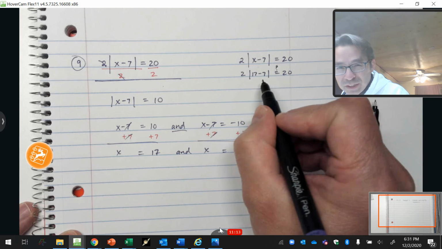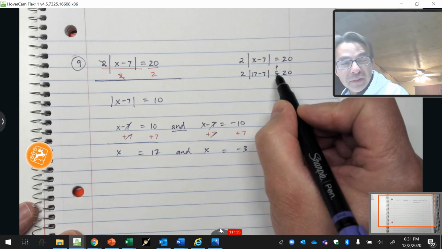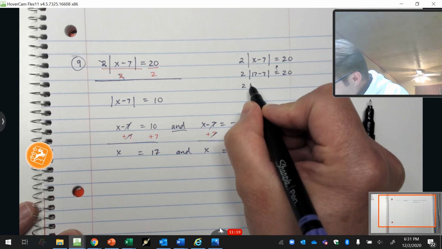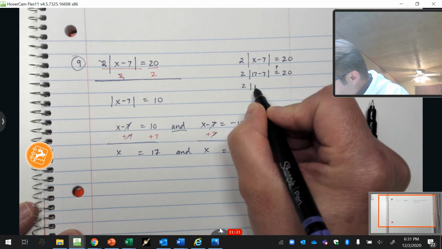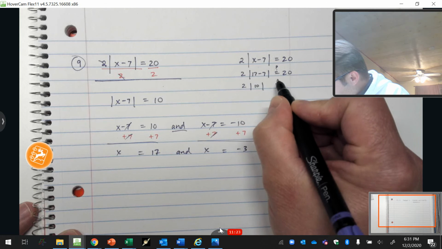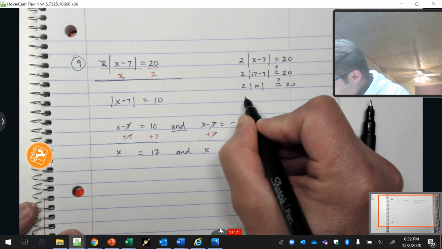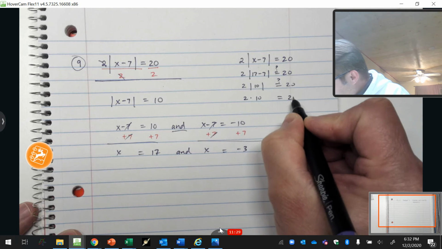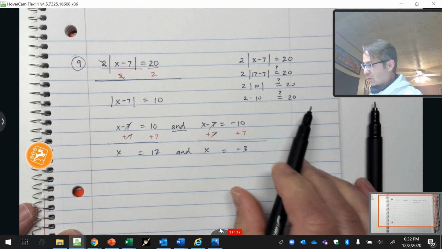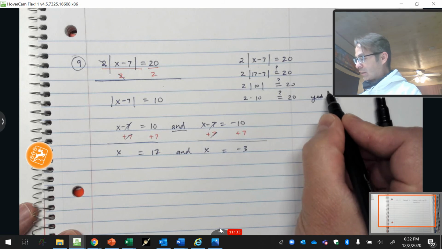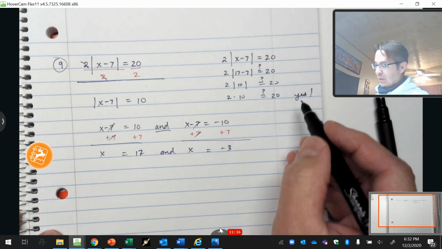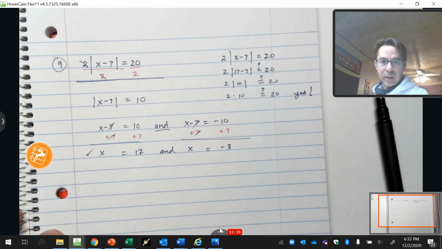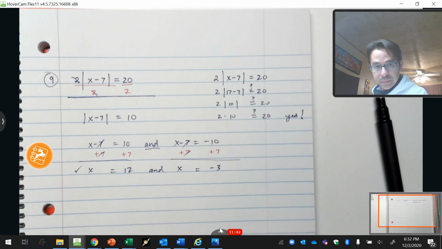This is not an equation anymore. So 17 minus 7 is 10. 2 times the absolute value of 10 is like 2 times 10. Does 2 times 10 equal 20? Yes, it does. Check. So I checked that one, it works, and then I'm going to check that one to make sure it works also.